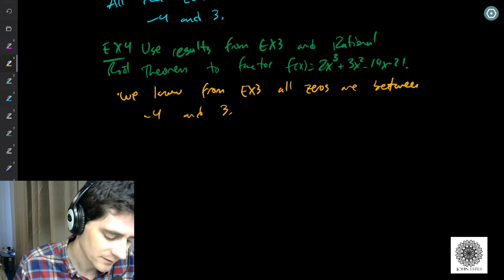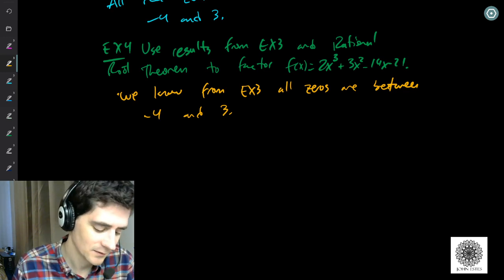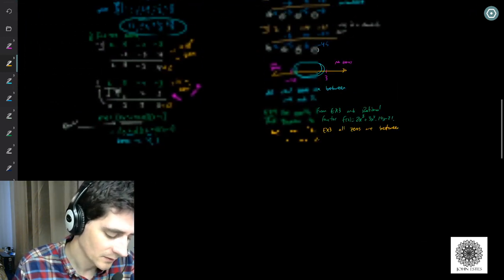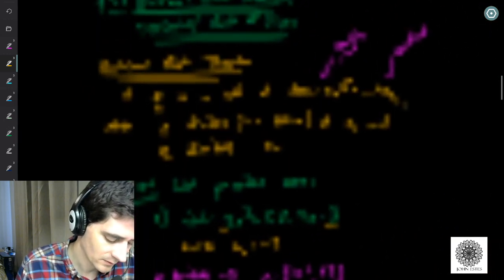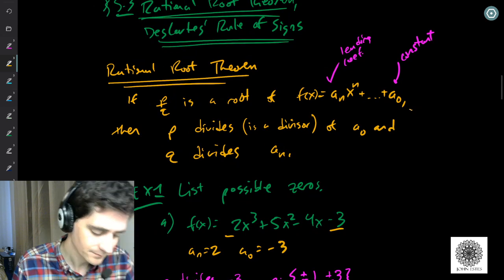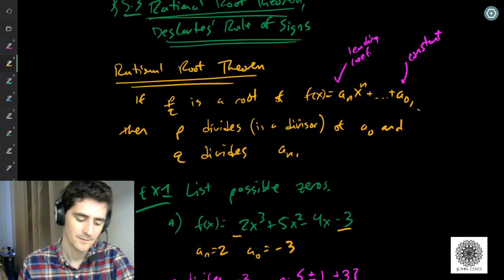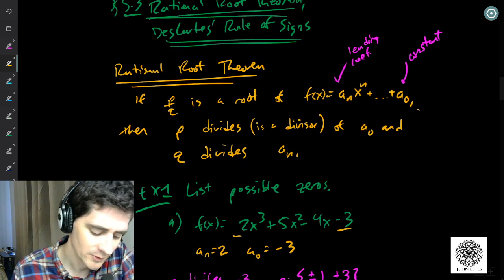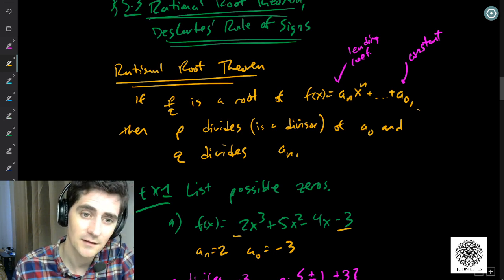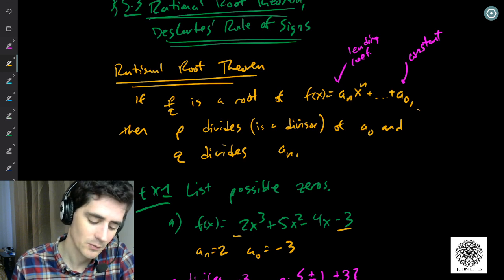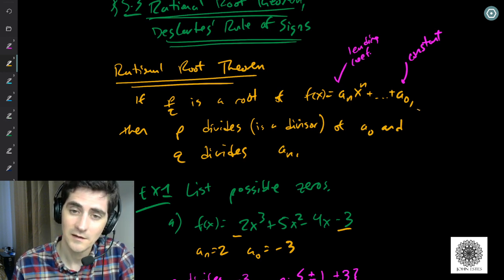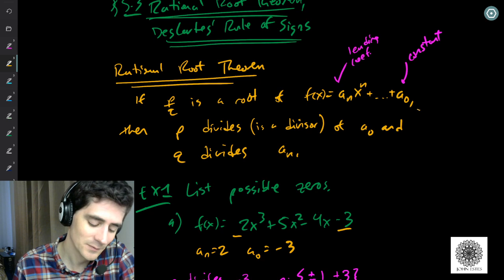Now, what does the rational root theorem say? Let me go to my lecture notes from the last lecture, and here's the rational root theorem, and let me explain what it says. If you have a polynomial, a sub n, x to the n, all we need is a leading coefficient, which is a sub n, plus and so on, up to the constant, which is a sub 0.